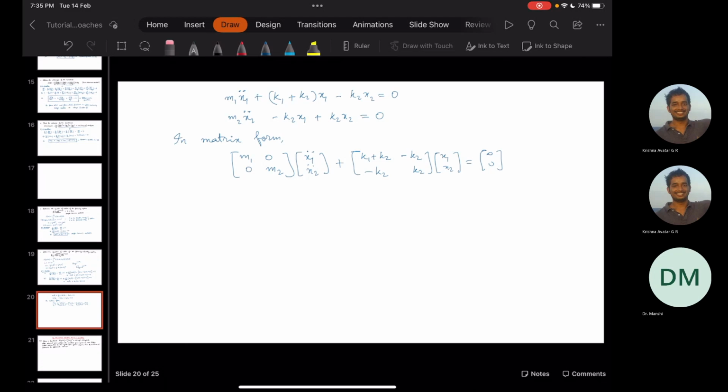There is one very elegant way to write this set of equations, and we can write them in this matrix form. And so we have m1, so this is known as our mass matrix. This is our mass matrix.